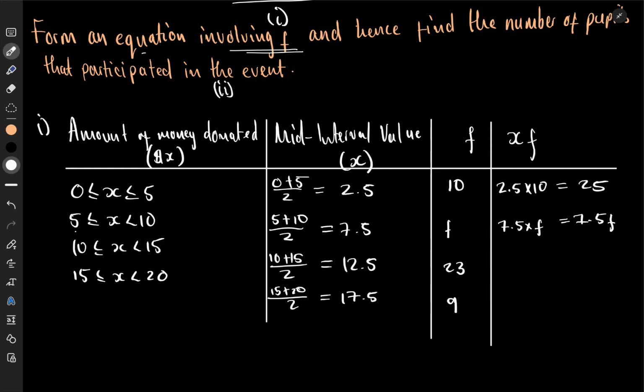I have to calculate that one. 12.5 times 23, I'll get 287.5. Then the last one is 17.5 times 9. This becomes 157.5.